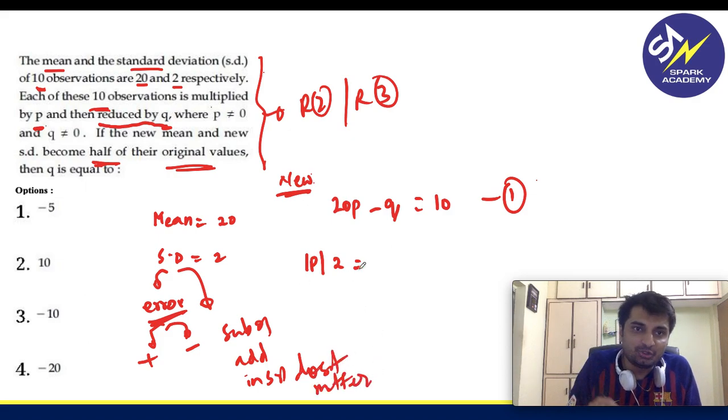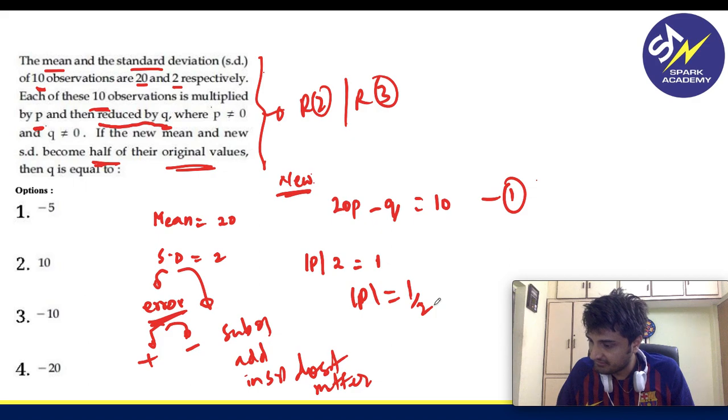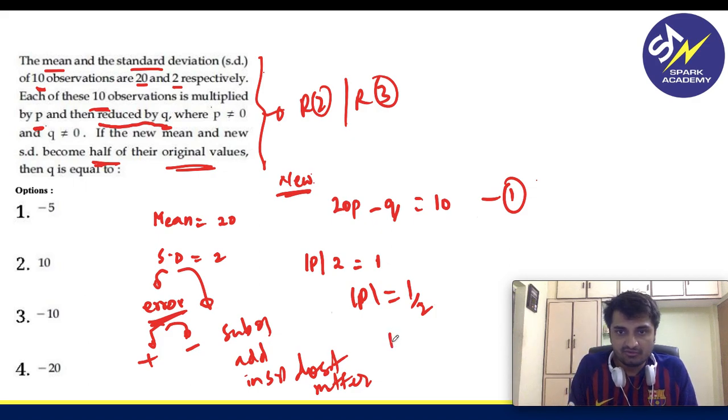So mod p into 2 is given as what? Mod p into 2, that value again half is said, will be 1. Mod p is 1 by 2. So p is plus or minus half I'm getting.